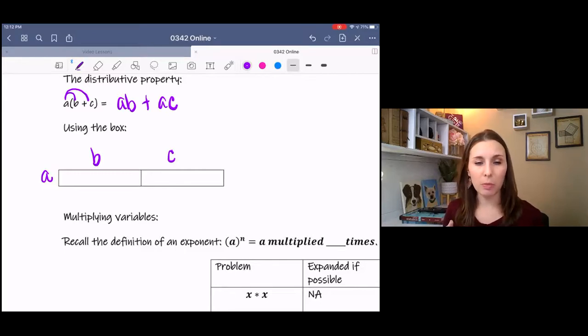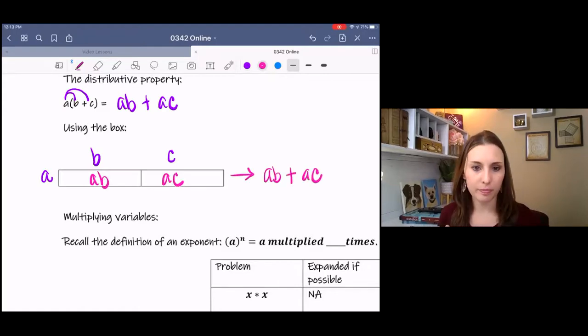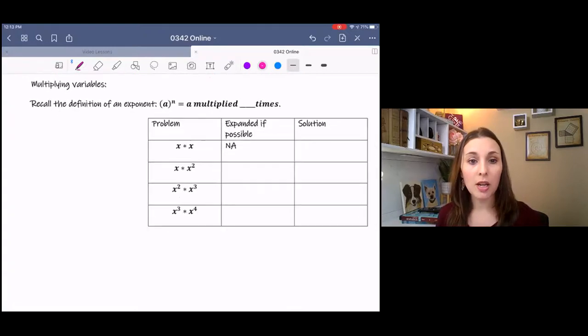For the distributive property it's not strictly necessary, but when we multiply polynomials with 3 or 4 terms, it's really nice to use the box. It keeps it nice and clean. But it is the same process, A times B and A times C, for your final answer of AB plus AC.